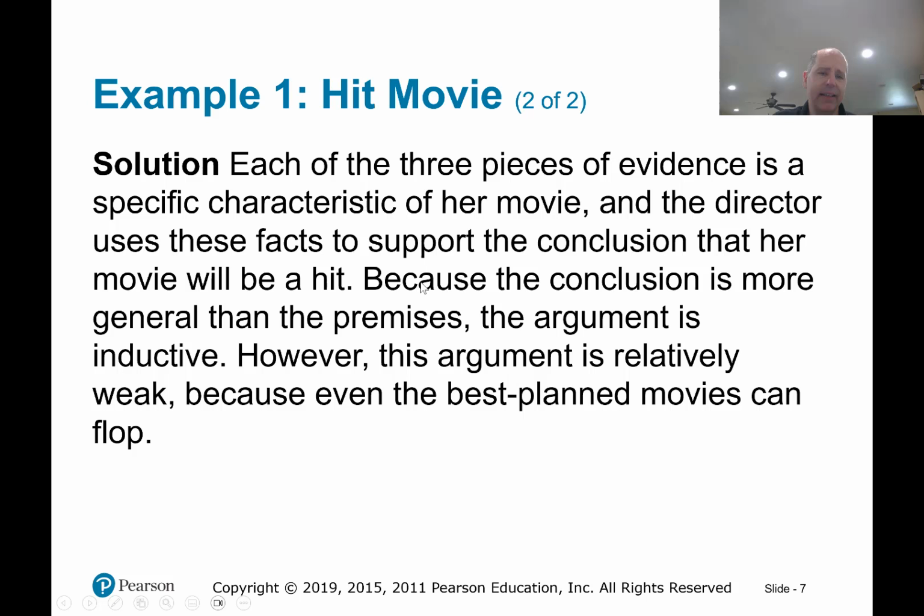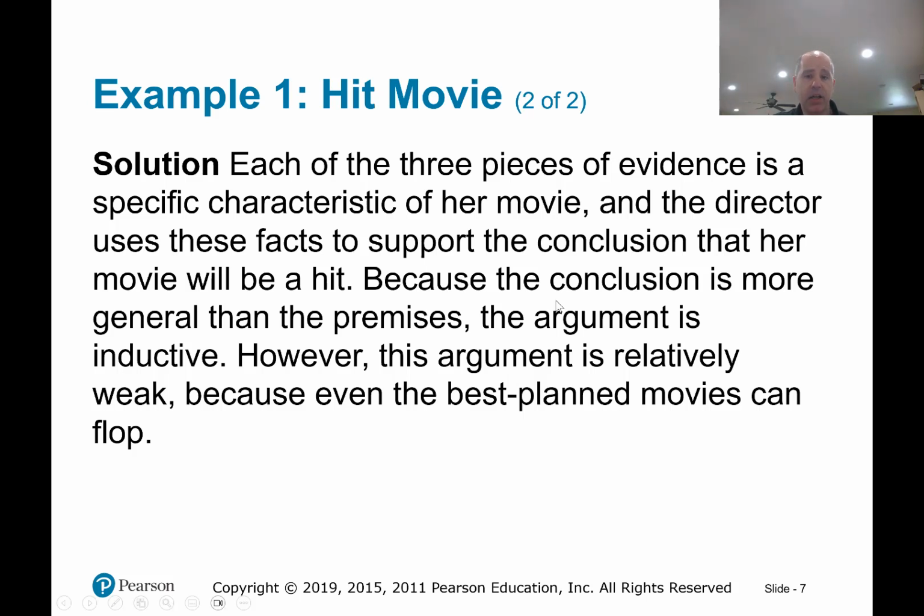Okay, so let's go with inductive. Now listen. It starts with specific evidence, right? Specific pieces of evidence, reasons why she believes the movie is going to be a big hit. And the director uses these facts to support her conclusion that the movie will be a hit.